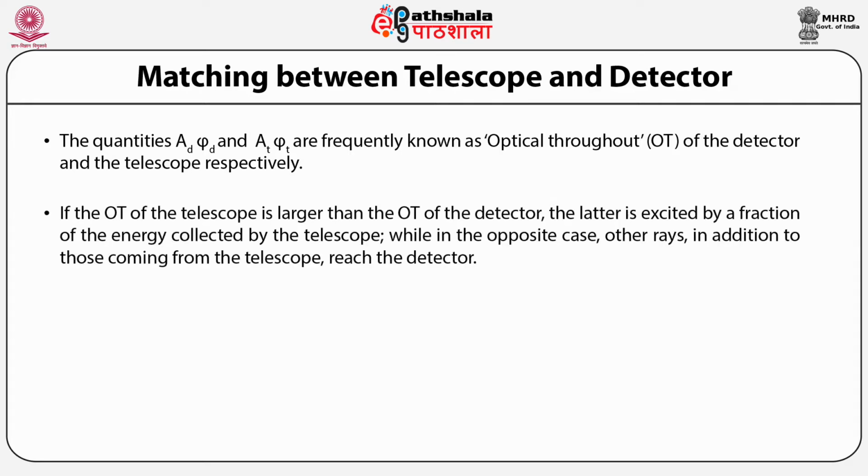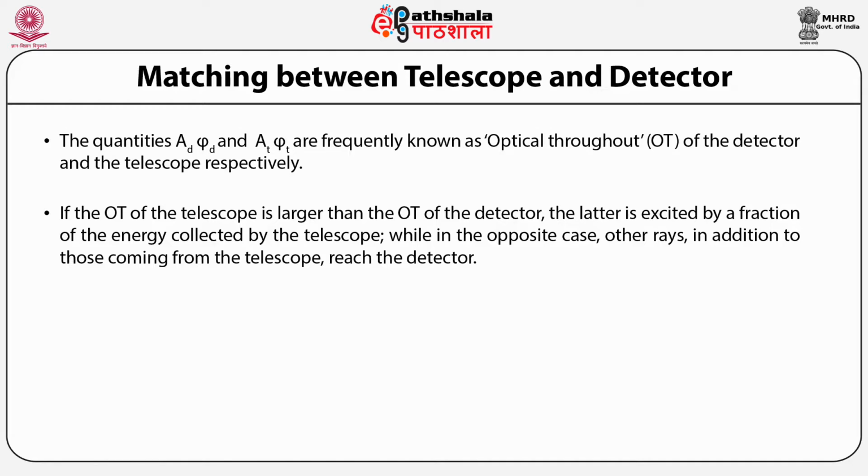If the optical throughput of the telescope is larger than the optical throughput of the detector, then the latter is excited by only a fraction of the energy collected by the telescope, while in the opposite case other rays in addition to those coming from the telescope reach the detector.